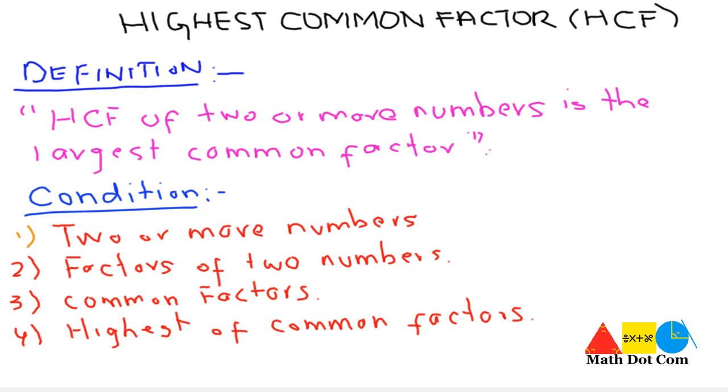It means if all these four conditions are met, then at the end what we get is the HCF of two numbers.